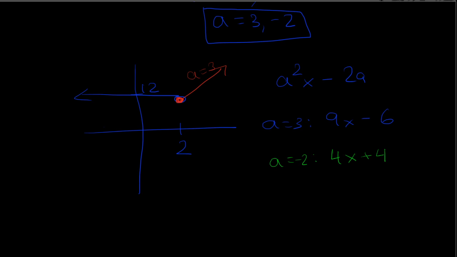When I plug in x equals 2, I get 12 as well. And that one's going to have a lesser slope, so it's going to be something like that. So it's still going to be a positive slope, it's just not as steep. So those are the two cases that make f of x continuous at x equals 2.